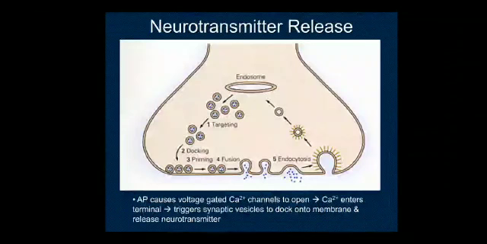Once the neurotransmitter binds, there will be some conformational changes brought about by the receptor. There are two types: one is by opening up of the channels, and the other is by the activation of the second messenger system.